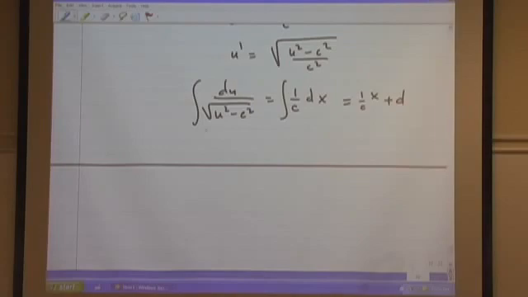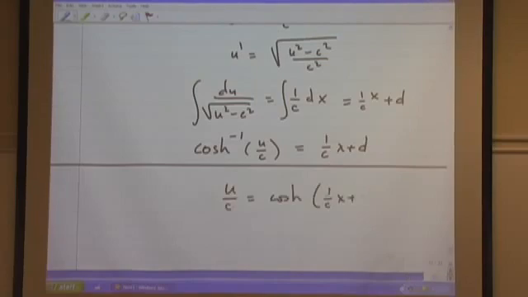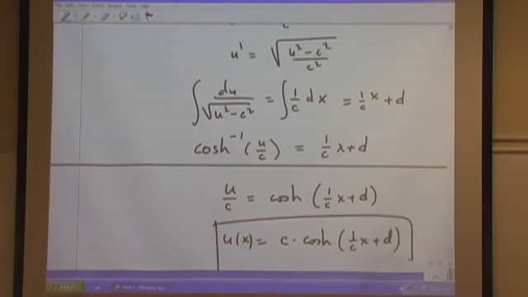There are various changes of variables you can use, but it ends up being the inverse hyperbolic cosine of u over c. So in the end, u over c is the hyperbolic cosine of x over c plus d. So u of x is c times the hyperbolic cosine of x over c plus d. This is what it ends up looking like.